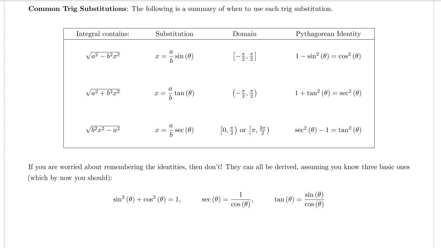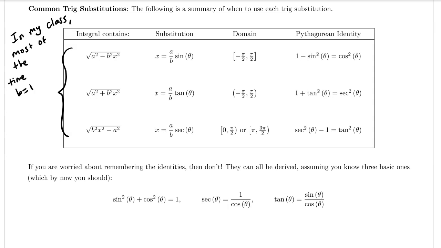So let's look at this table, which gives us a summary of when to use each trig substitution. So if our integral contains one of these three things, then the substitution that we're going to make is to the right in the same row. Now, at least for my class, something that I want to emphasize is that most of the time, b equals 1.